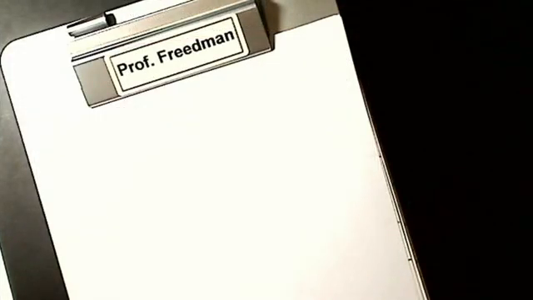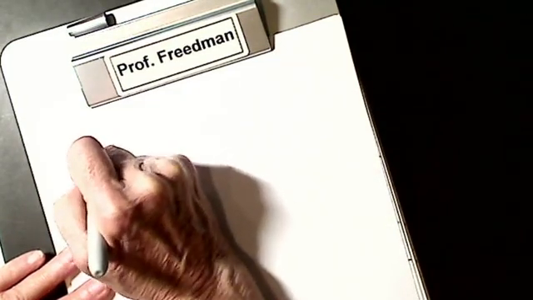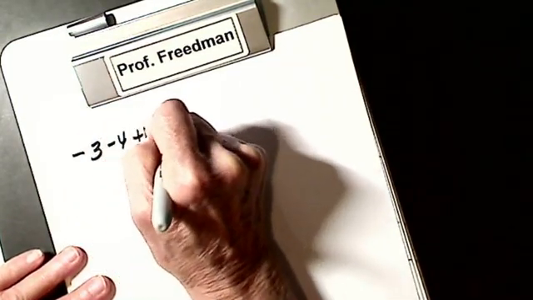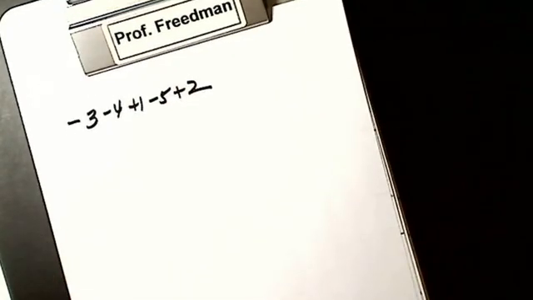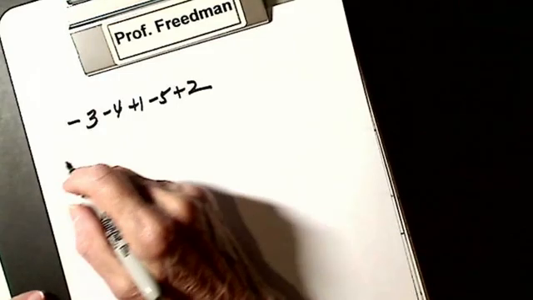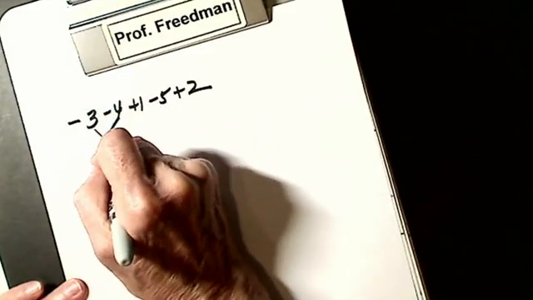Now that we added signed numbers 2 terms at a time, we have to do ones that are a little longer. Let's say I have this: -3, -4, +1, -5, +2. Now, I could do it left to right. I could combine these, get -7.